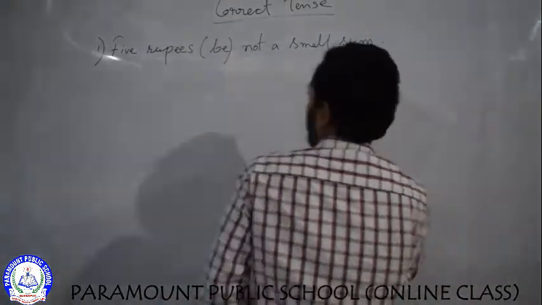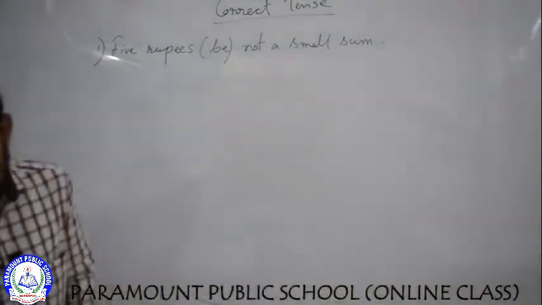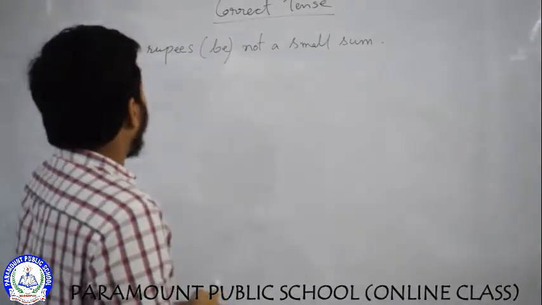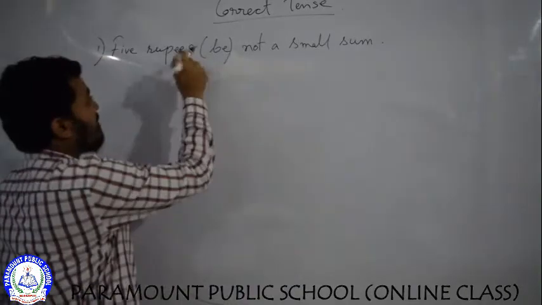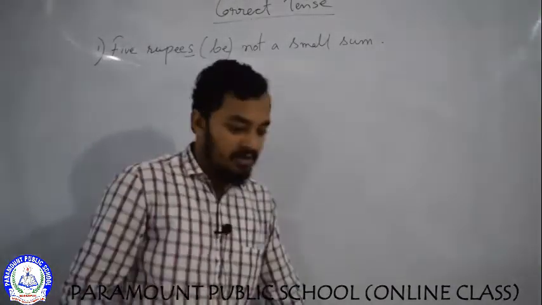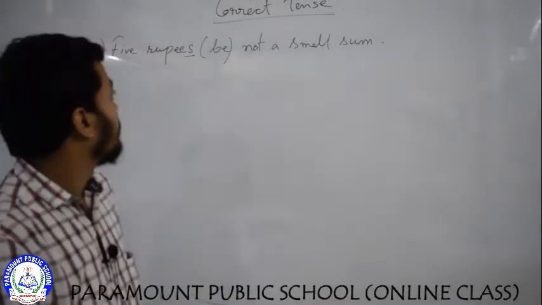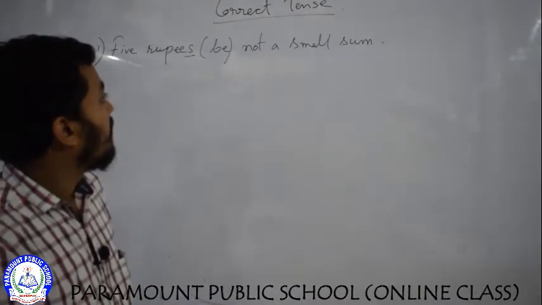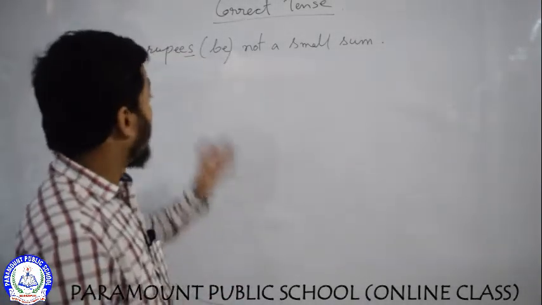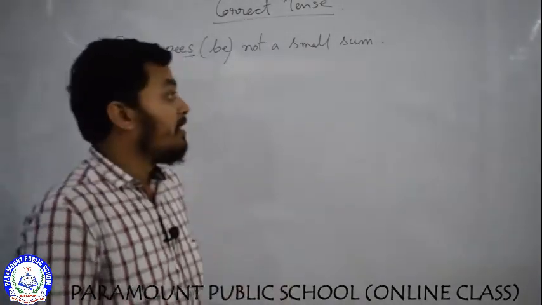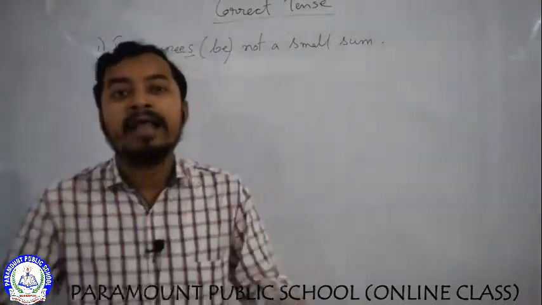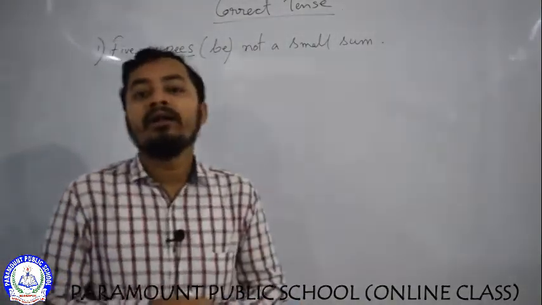Now see, ₹5 is not a small sum. Here an s is added to 5. Normally when s or es is added to a noun, we call it plural. But remember, ₹5, 2 years, 10 miles are singular units.